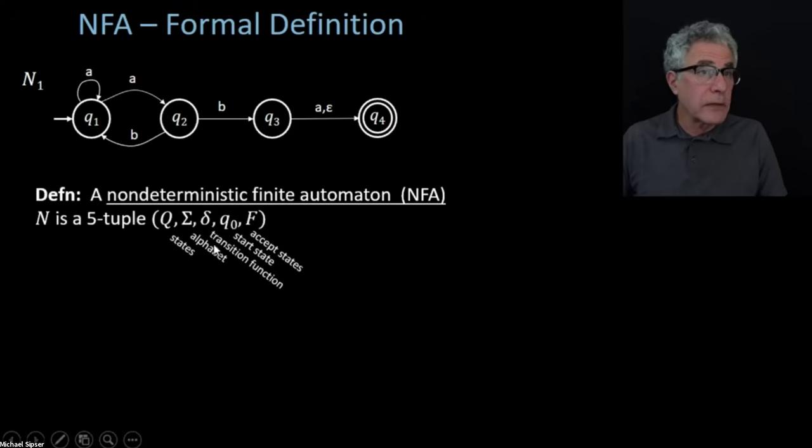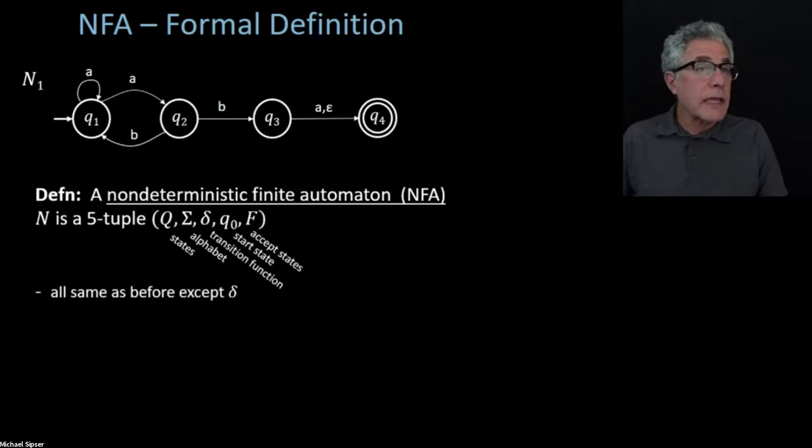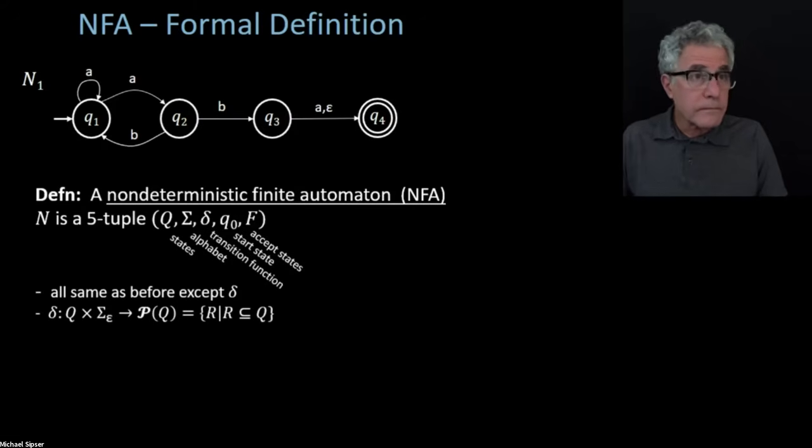It's a 5-tuple, and I've written down little reminders for what the components of that 5-tuple are. They're all the same as before: states, alphabet, transition function, start state, and accepting states. The formal definition looks exactly the same, except for the structure of the transition function.